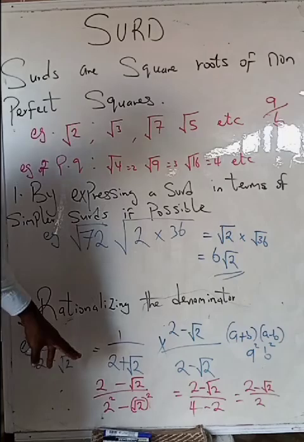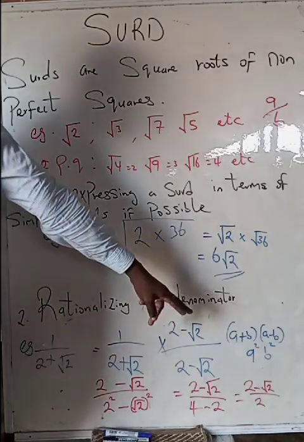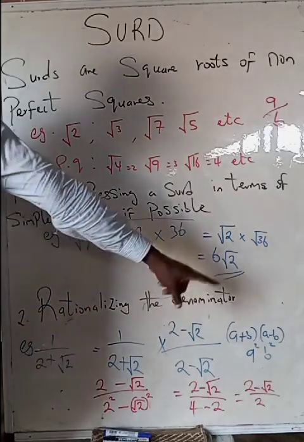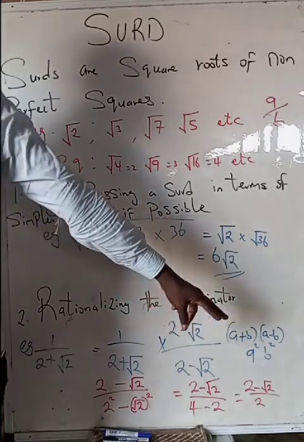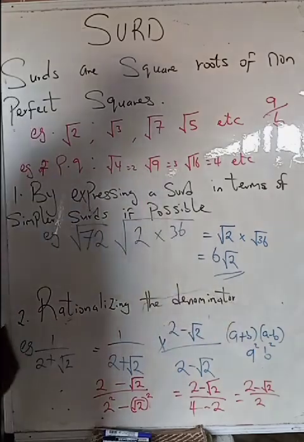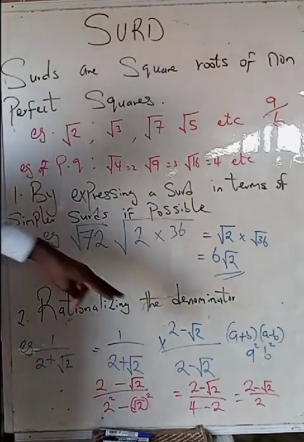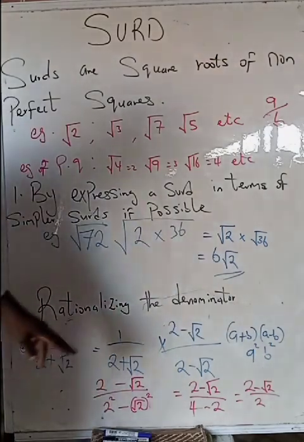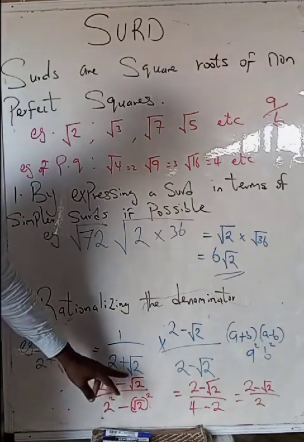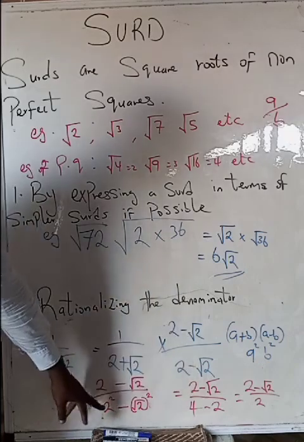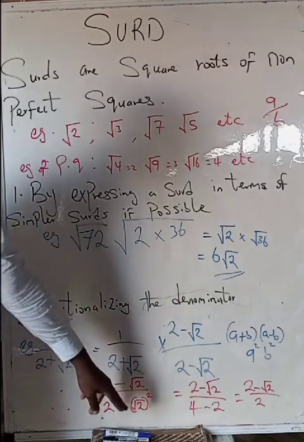And in mathematics, when we have this type of expression, (a plus b) multiplying by (a minus b), our answer will give us a square minus b square. So solving with this as an example, we will have 2 square minus the square root of 2 square.